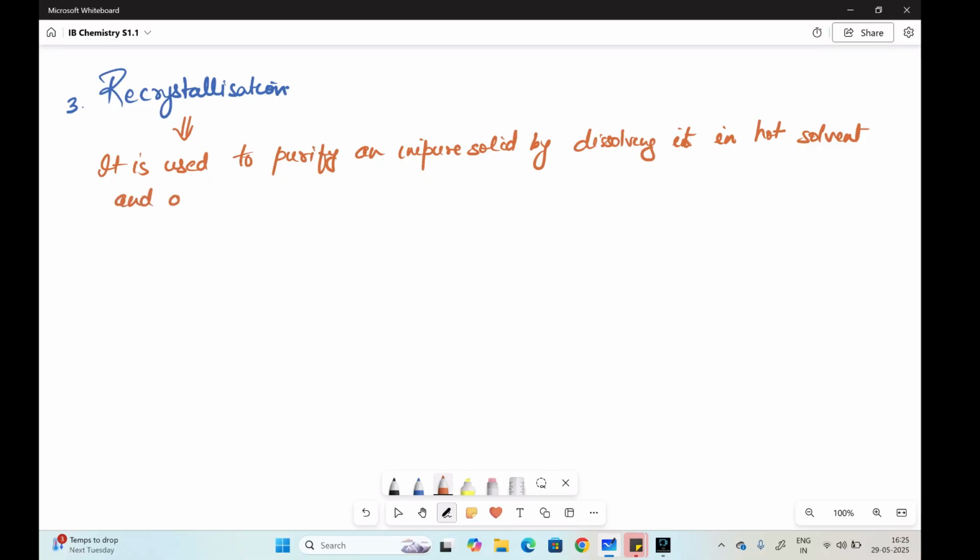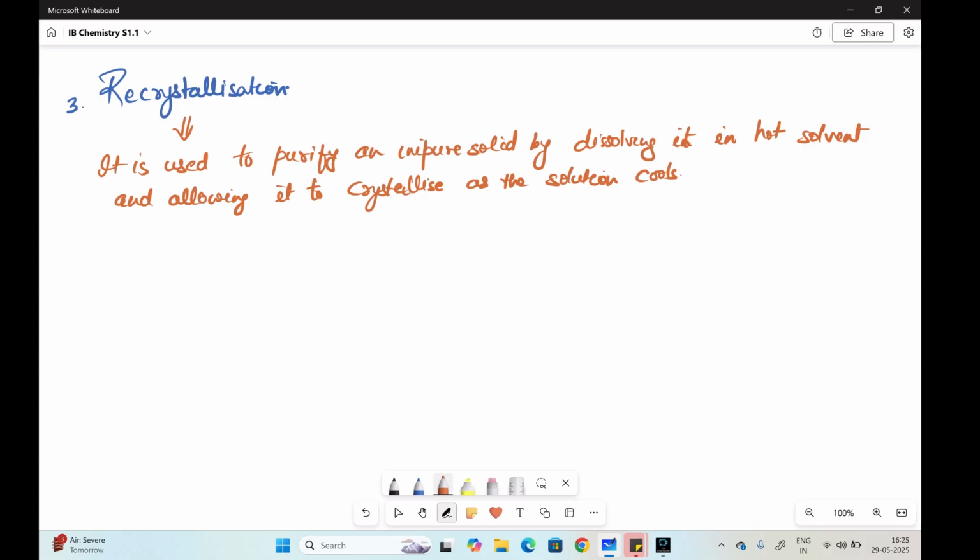And allowing it to crystallize. When will they get crystallized? As the solution cools. Right?